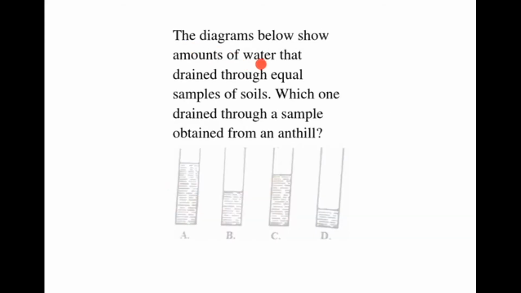Therefore, the correct answer there will be clay soil. The diagram below shows amount of water that drained through equal samples of soil. Which one drained through a sample obtained from an ant hill? Mostly the ant hills are made of clay soil.